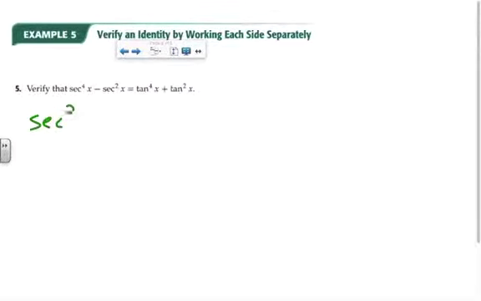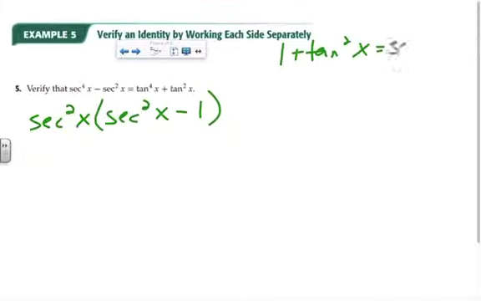So secant squared of x will become secant squared of x minus 1 inside the parenthesis when I factor that out. Once again, I know that 1 plus tangent squared of x equals secant squared of x.